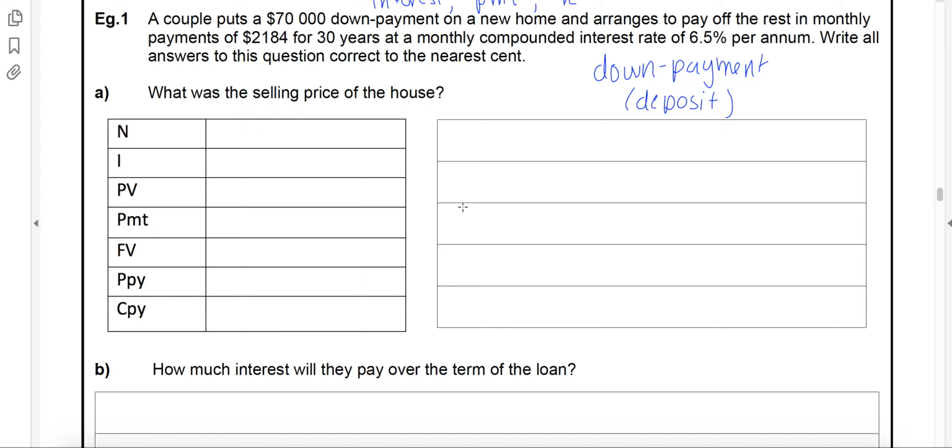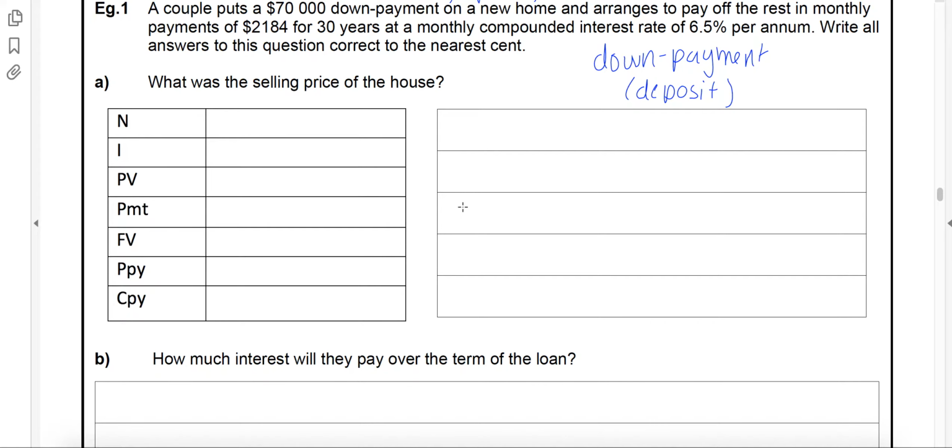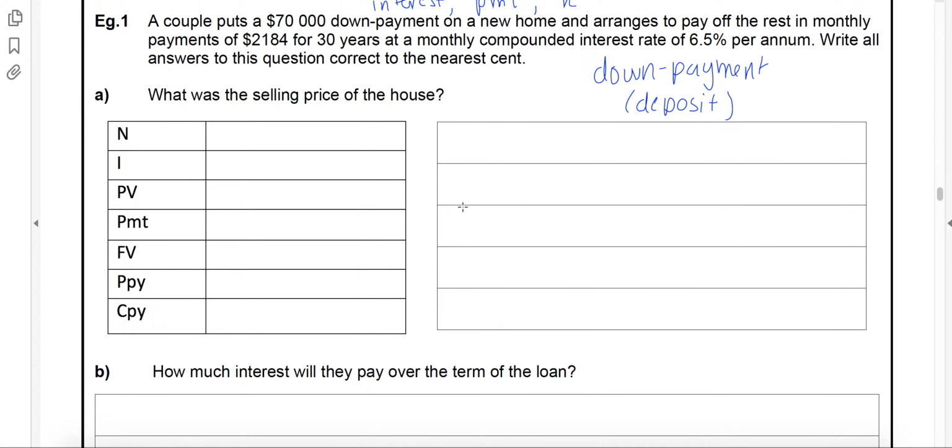So down payment is a deposit. It's basically your security. You're securing that purchase so that obviously the person owning the house and selling it has got a guarantee from you that you are committed to that purchase. So this couple have given their deposit up when they bought the house, the $70,000, but obviously the house would have been a lot more expensive than that.